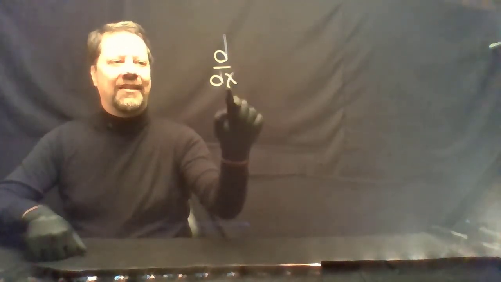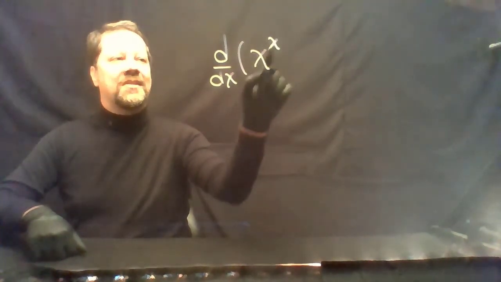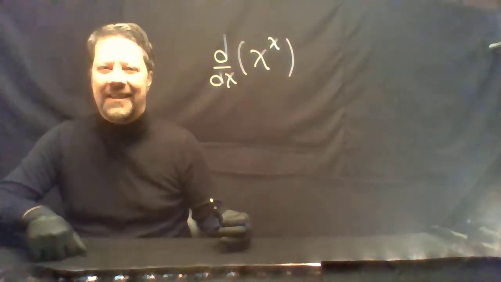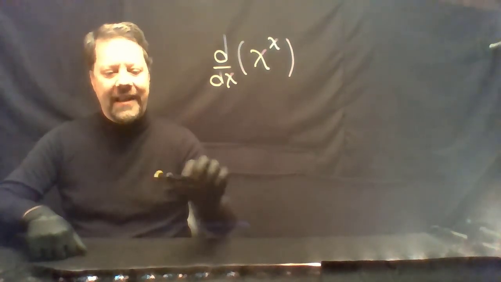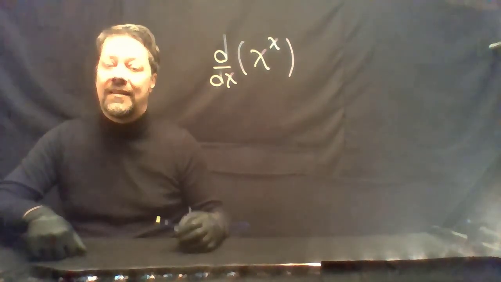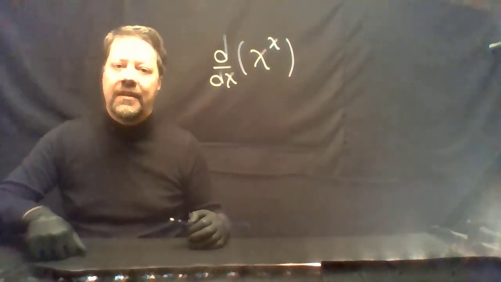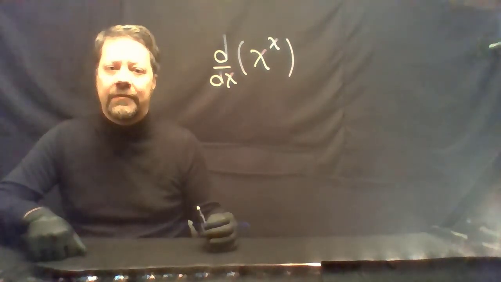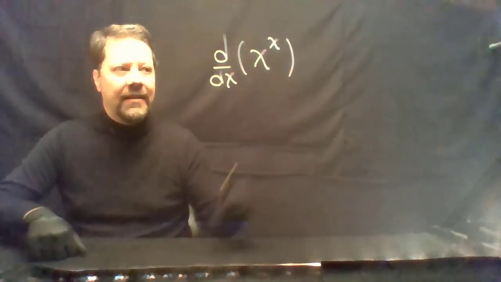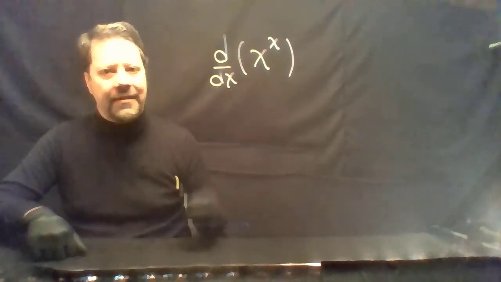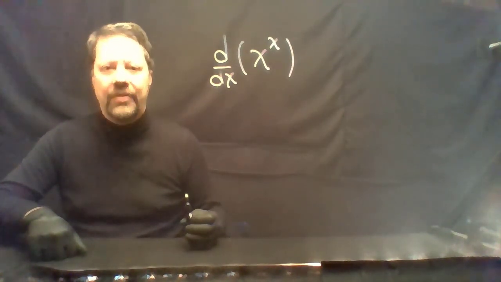On problem 3, I ask you to calculate the derivative of x to the power of x. Now, if I had x to the power of a constant, that would be a power function, and I would use the power rule for calculating the derivative. This is not x to the power of a constant, so I cannot use the power rule.